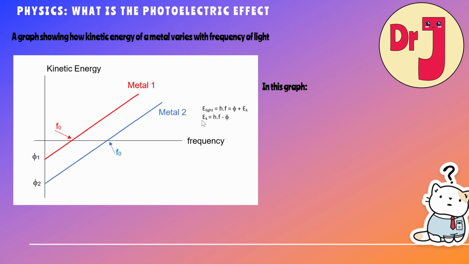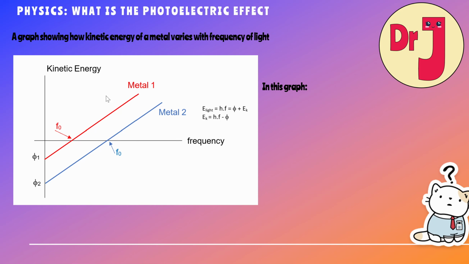Let's rearrange that so the kinetic energy is equal to the energy of the light, h times frequency, take away the work function. There's our kinetic energy on the y-axis, so that's EK, and frequency is on the x-axis. Therefore, the slope of the line has got to be h, and the y-intercept is going to be this phi value here, which is our work function.